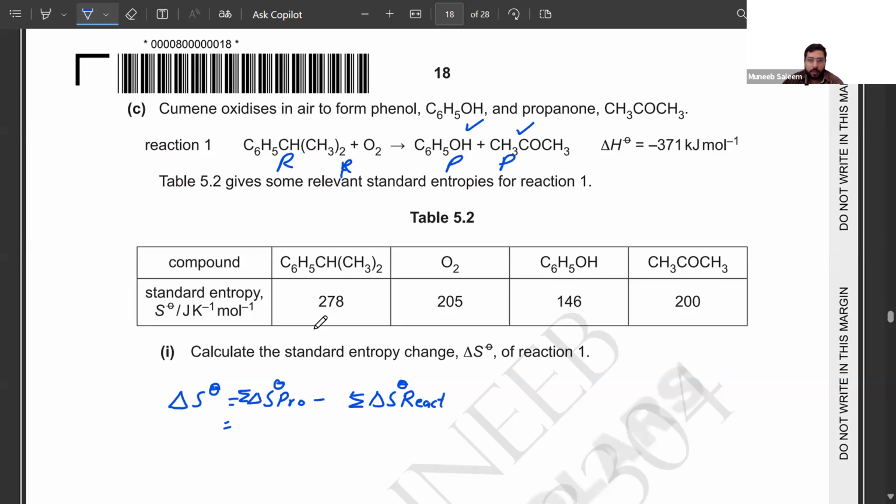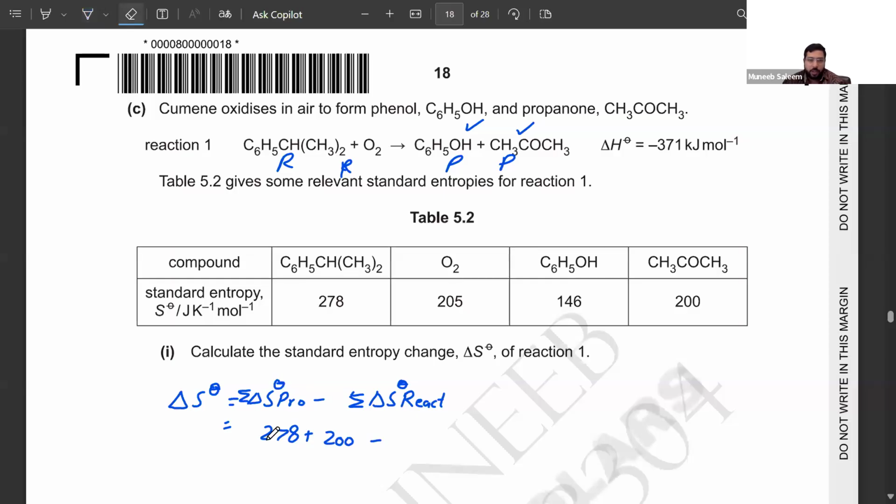So products would have C6H5OH, which is 278, plus propylene. Propylene value is 200, minus... there is a slight mistake, not 278. This is the product phenol, and the phenol value is 146.